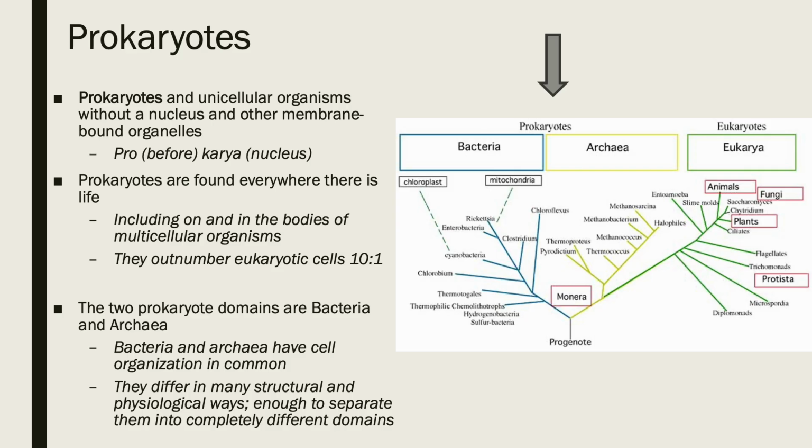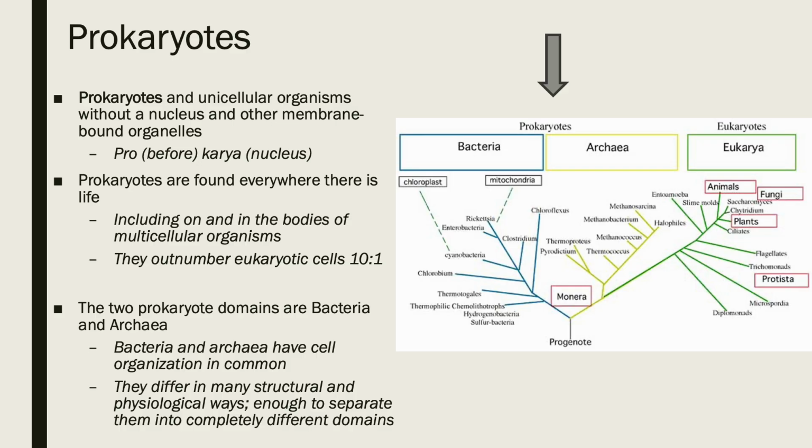Prokaryotes are unicellular, so only one cell, very tiny, organisms without a nucleus and no other membrane-bound organelles. We've actually learned this before, way back in chapter 4 when we were learning about types of cells. We learned about prokaryote cells and eukaryote cells.